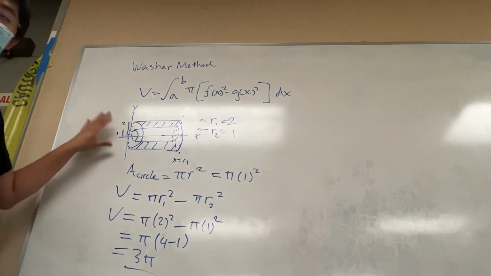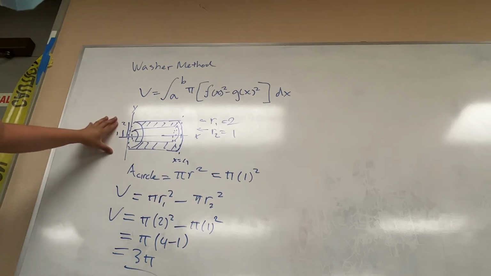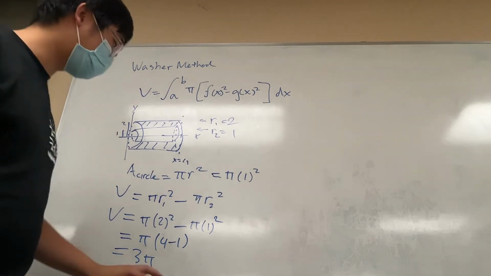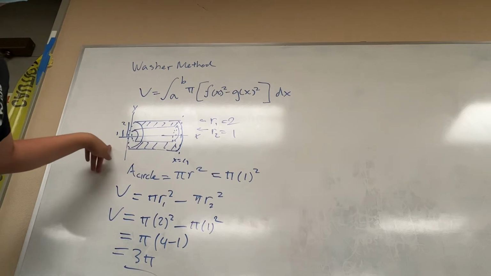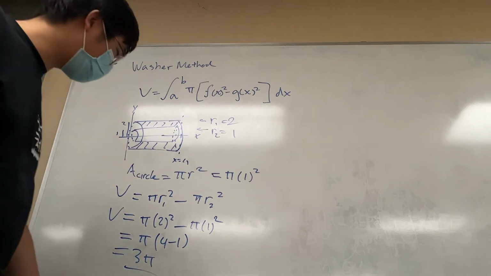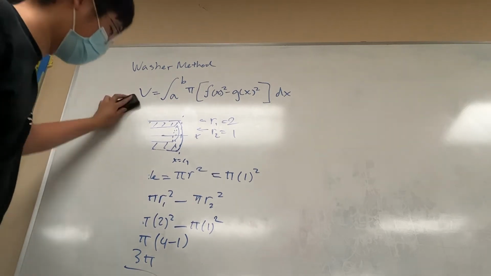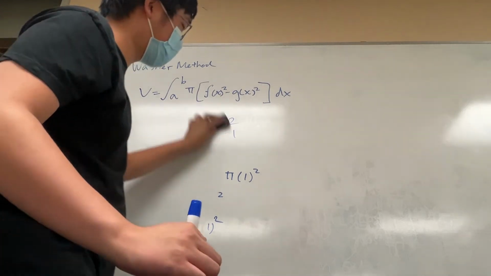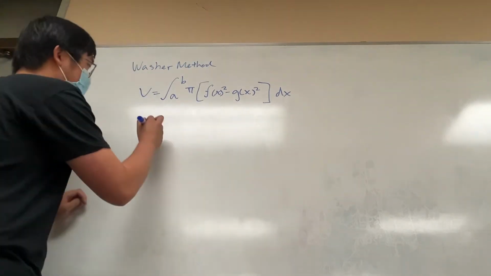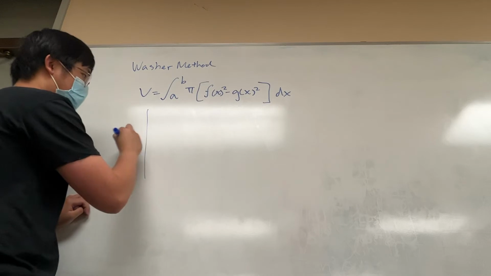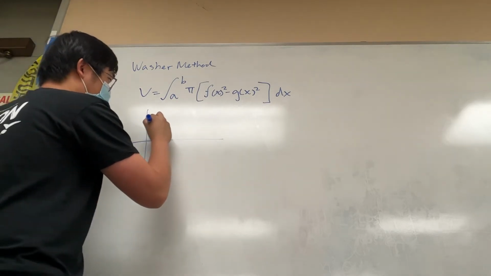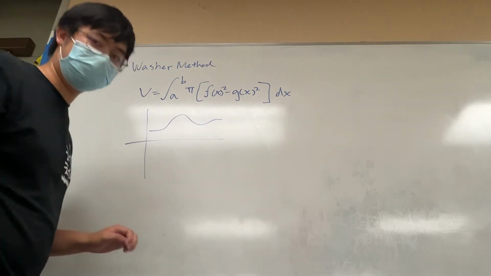For this specific example, this works incredibly well. And it's very easy to see, as it's just like a simple geometry problem. But what if we were to make this a little bit harder? Let's say you're given some function on the x and y axis, right?